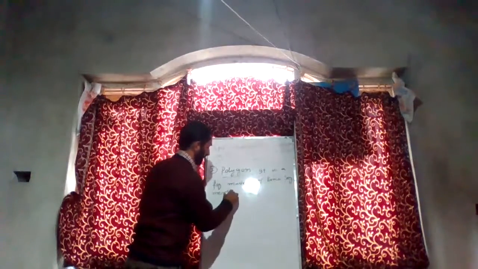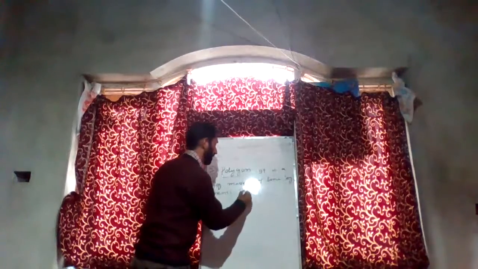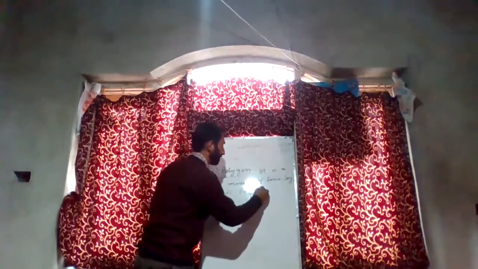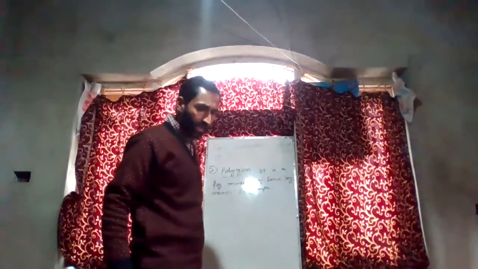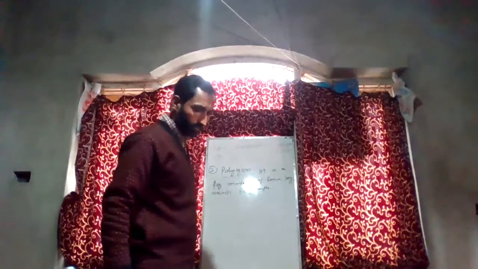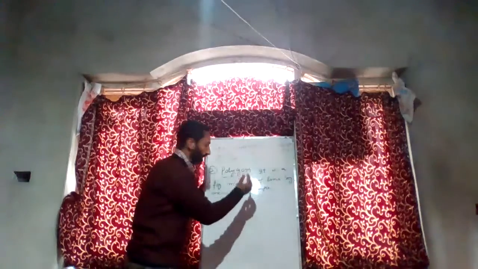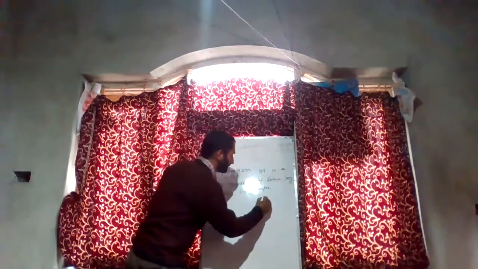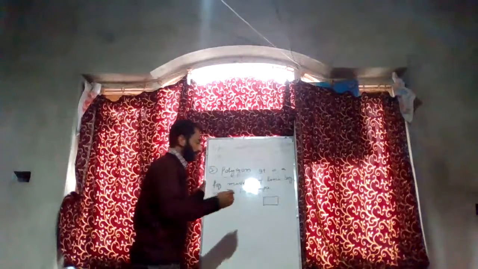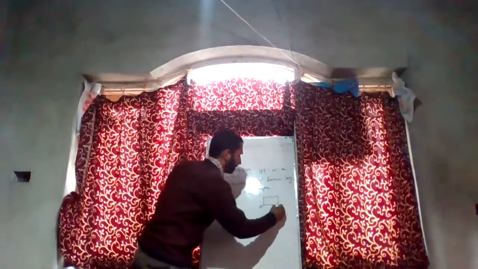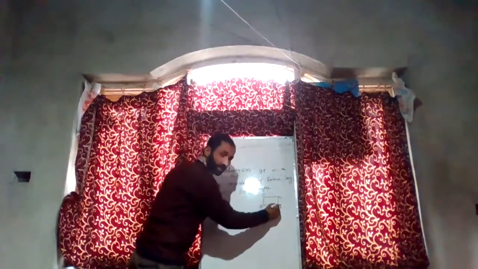For example, I will draw a figure and we will give it the name A, B, C, D. This AB is one line segment.